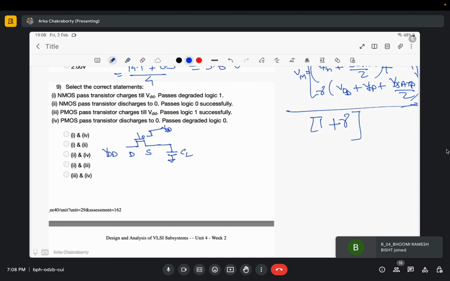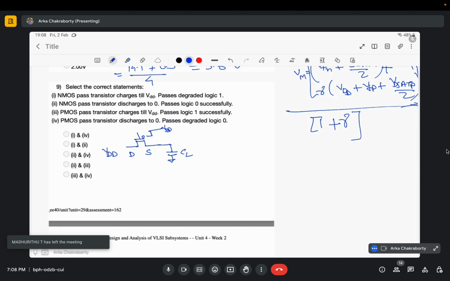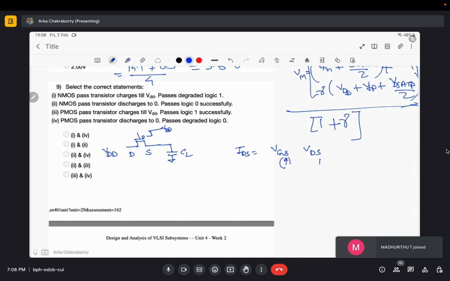So here, remember, the problem only arises in pass transistor logic when my source gets charged with time. Why? Because in my current expression, you will remember there is one VGS term and one VDS term. So if my source is getting charged with time, my VGS would come down, because I am giving voltage both at gate and at drain.